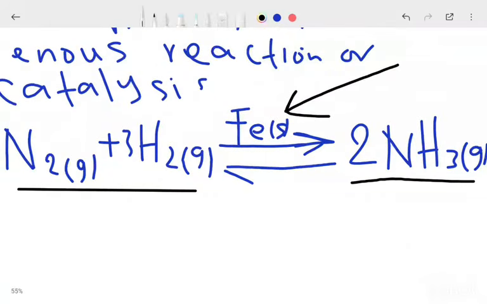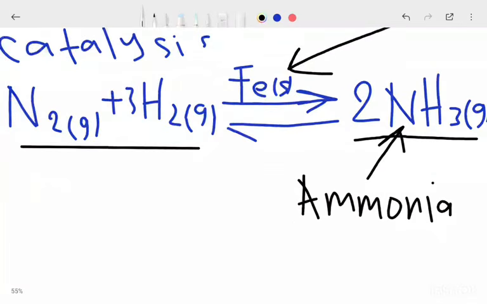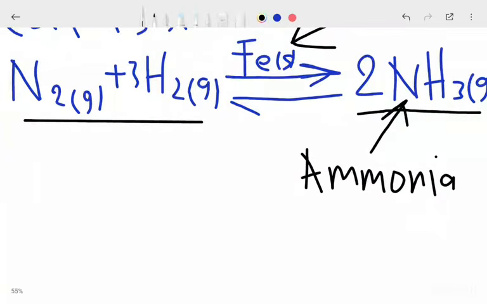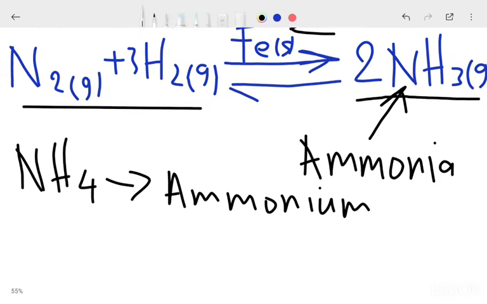So the formation of ammonia, okay, this one is ammonia. That is NH3, ammonia. But there is one particular one that is like this, NH4. Okay, this one is ammonium.